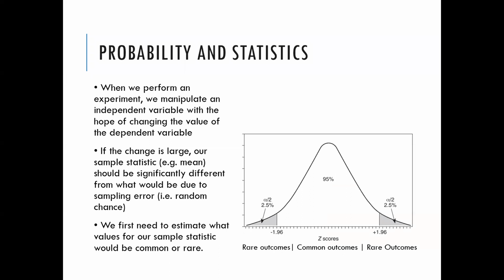So remember, when we perform an experiment, we're manipulating an independent variable, and that's something that we act on, and then we're hoping that we will change the value of a dependent variable. So let's say we have a sample of 20 individuals and we want to give them a training regimen to see if it has an effect on their, let's say, resting heart rate.